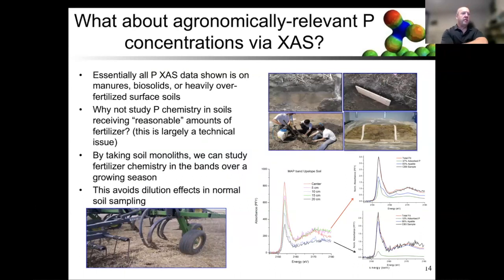The other thing you can do is try to be more careful and more clever, I guess, about how you take your samples. So if in this part of the world we band apply our fertilizers, what that means is that the vast majority of the soil isn't directly in contact with that fertilizer, and there's a very small zone that's much more concentrated.